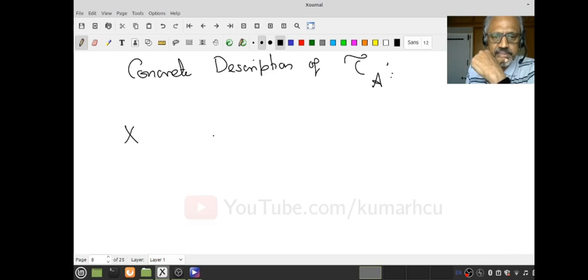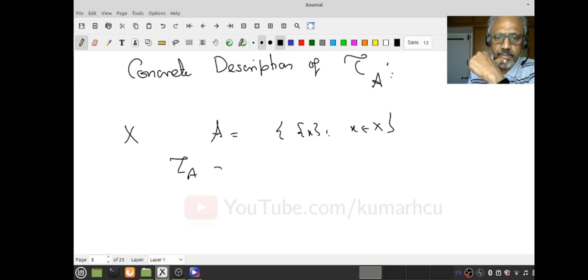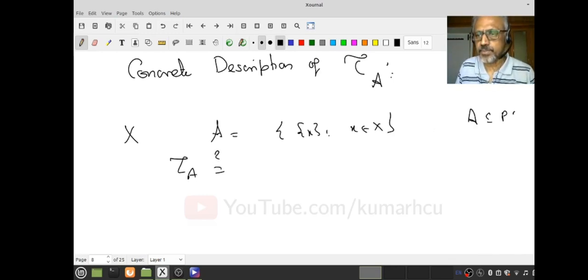Suppose my X is any set, my script A is the singleton {x} as x varies over capital X. Now what is tau A? How do I find it? Remember, script A must be a subset of P of X, a sub collection of subsets. What should be tau of A? Notice that tau of A is a topology.